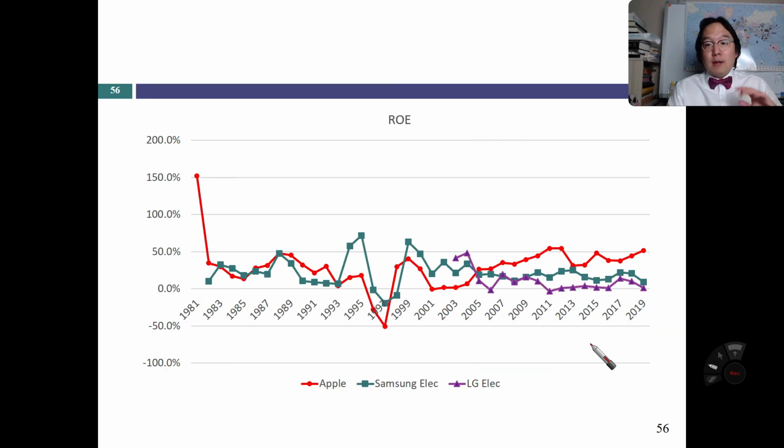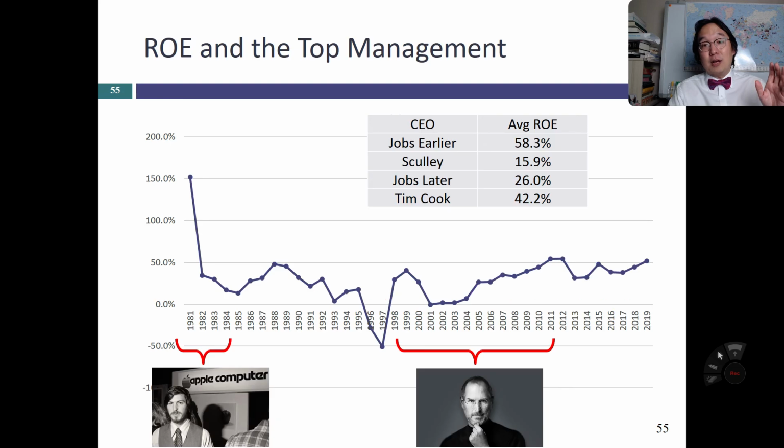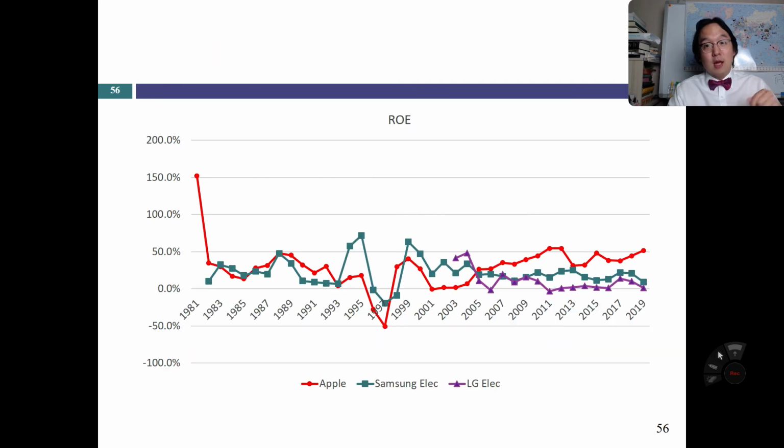If you compare, all that I'm trying to say is that the top guys matter a lot in terms of ROEs: the management style, the bringing of efficiency to the company. Smart guys versus stupid guys matters in terms of ROEs. And then Samsung Electronics and LG Electronics are shown over here as a close comparison, if you believe it or not.